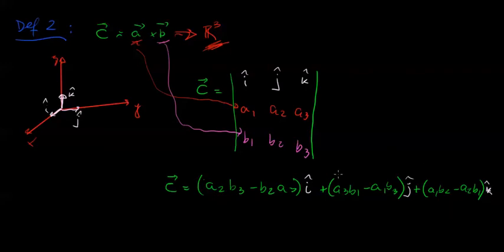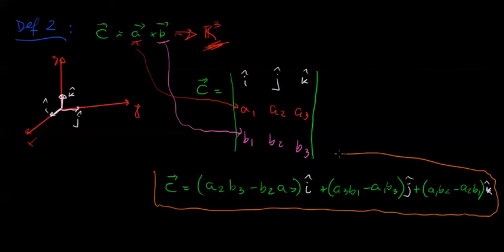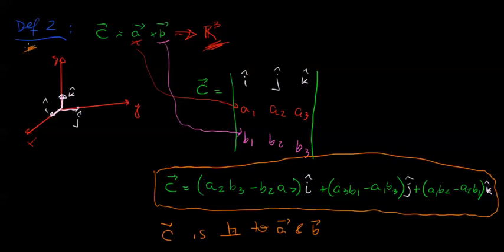All right, so this is the vector C, and we remember that C is perpendicular to A and B, and this is how you calculate the resulting vector using this second definition of the cross product.